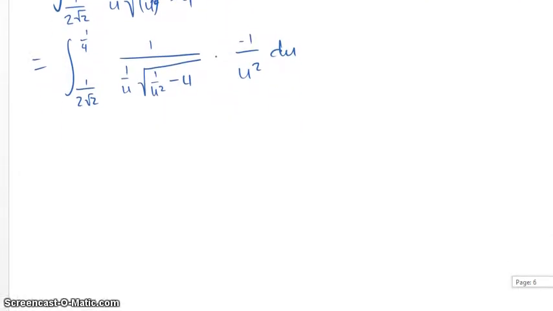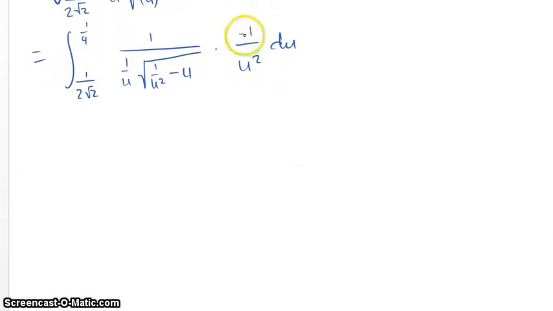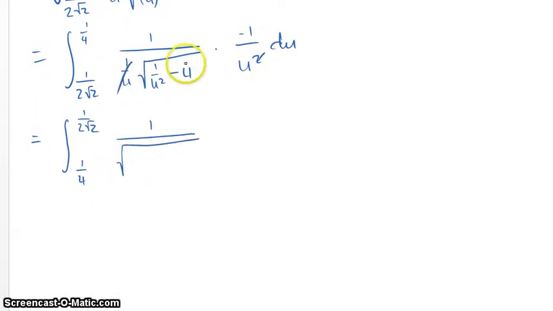Now we can make use of some of these features. This minus sign, for instance, we can use to swap the bounds, because you'll notice that 1 over 4 is actually smaller than 1 over 2 root 2. That'll get rid of the minus sign, so this is 1 over 2 root 2 to 1 over 4. You'll also notice I've got u squared and 1 over u squared, so I'm going to cancel one of them. Sorry, that shouldn't be u, it was a 4.